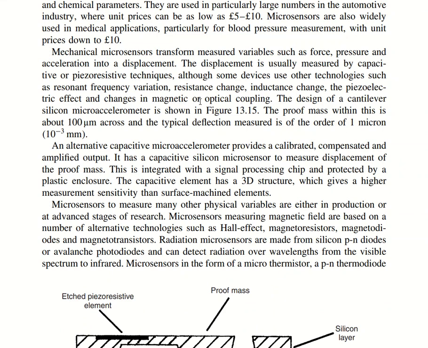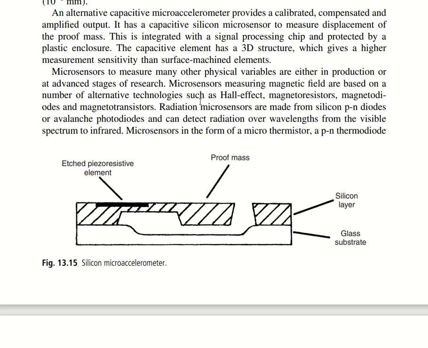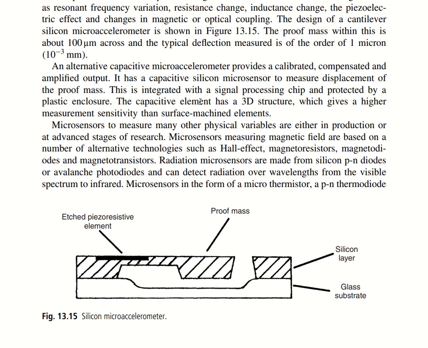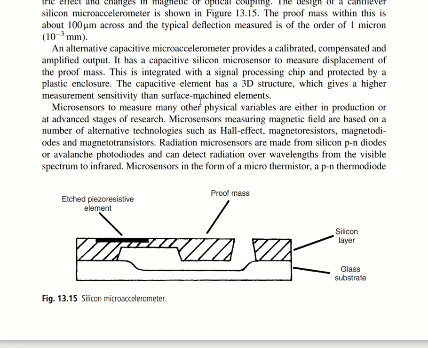So the design of the cantilever silicon micro accelerometer is shown here in the image, and the proof mass within this is about 100 micrometers across, and the typical deflection measured is of the order of 1 micron. Then an alternative capacitive microaccelerometer provides a calibrated, compensated and amplified output.